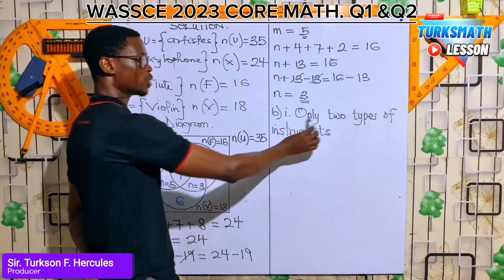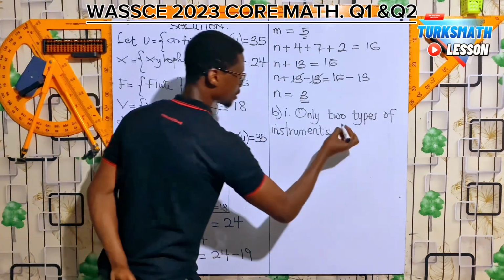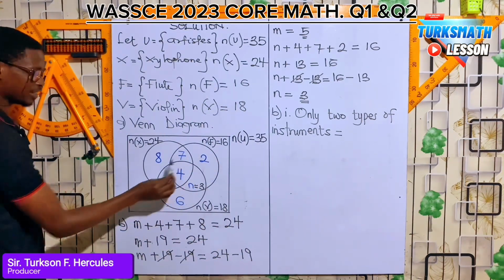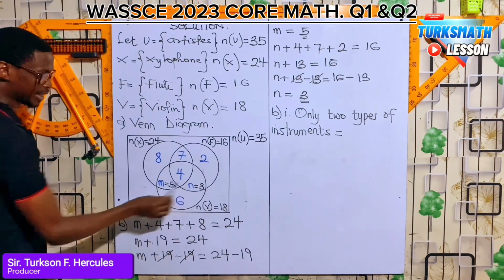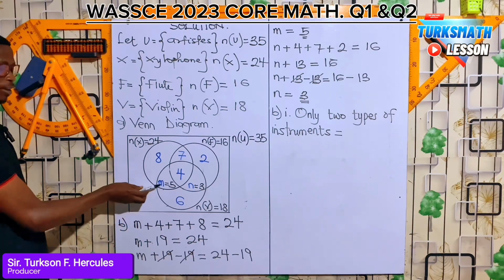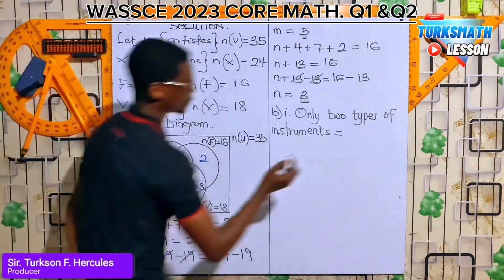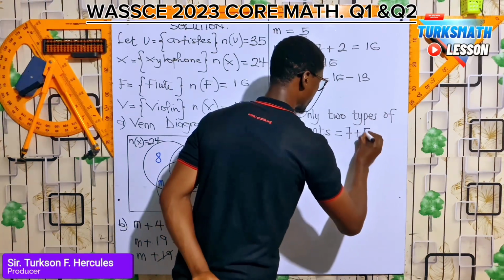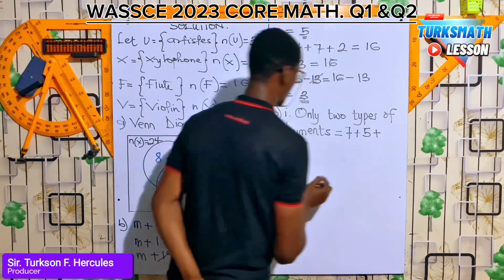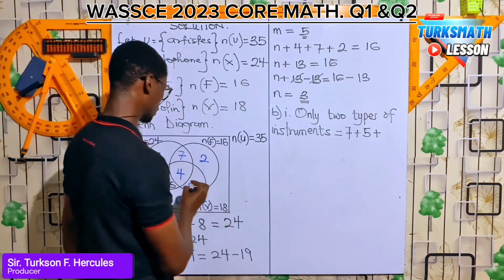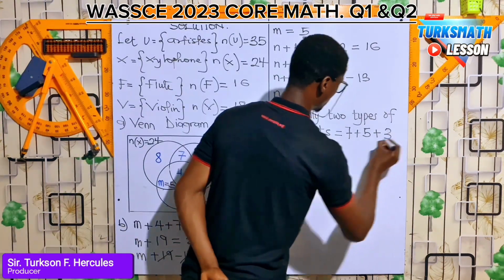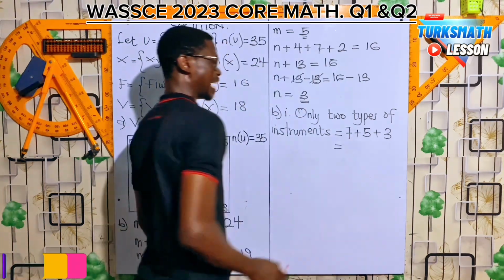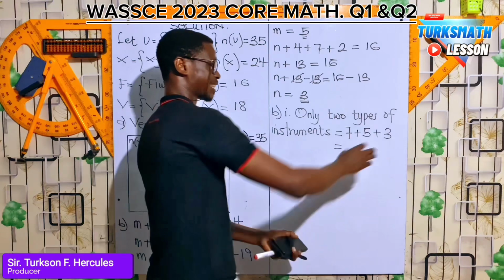So for only 2 types of instruments, we are going to get it from 7, 5 and 3, right? That's what we're able to find for M and N. So we are going to have 7 plus 5 is 12, plus 3, 15.